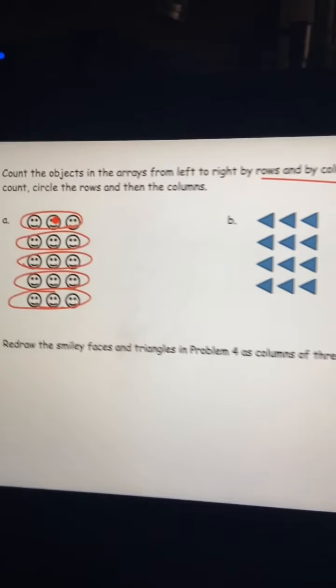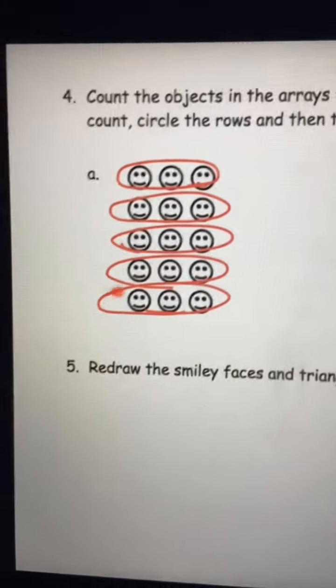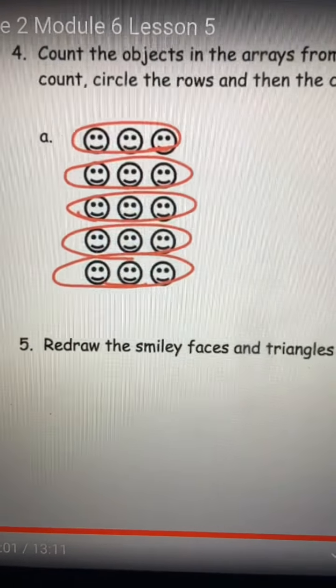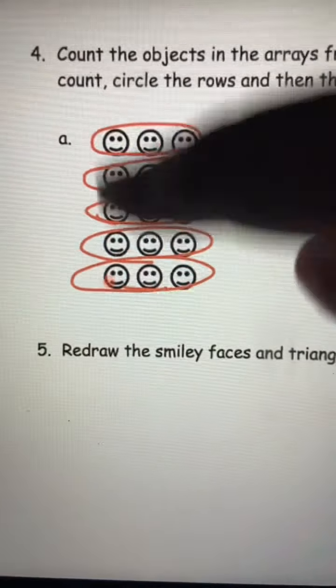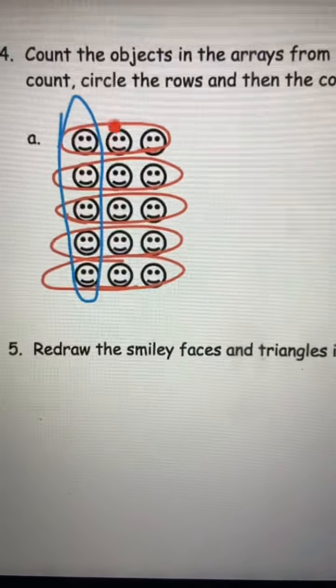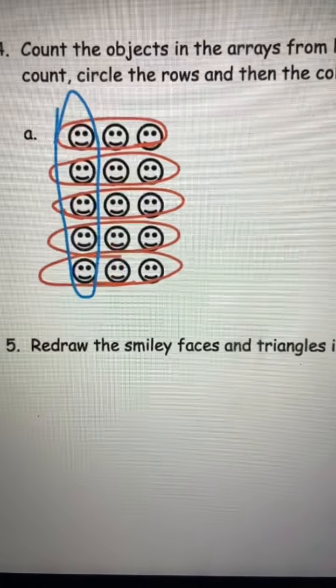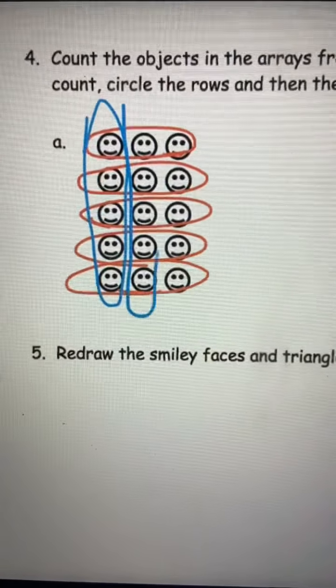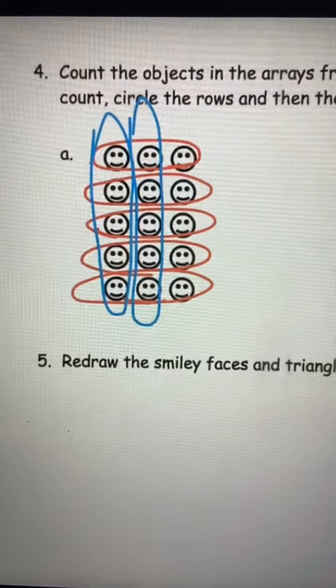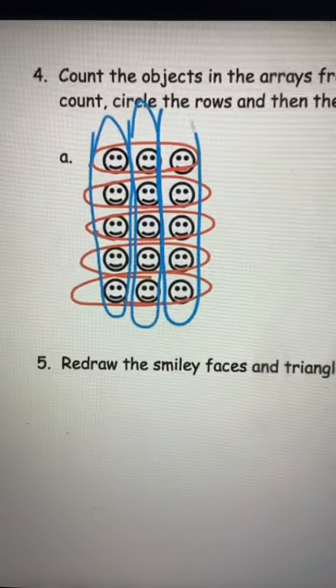All right, so then up and down, right here, these are our columns. So we have 3 columns, and we have 5 in each column. So we're gonna circle our columns now. 2 columns, still 5, and 3 columns.